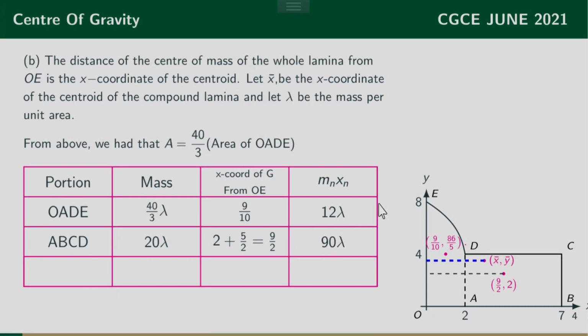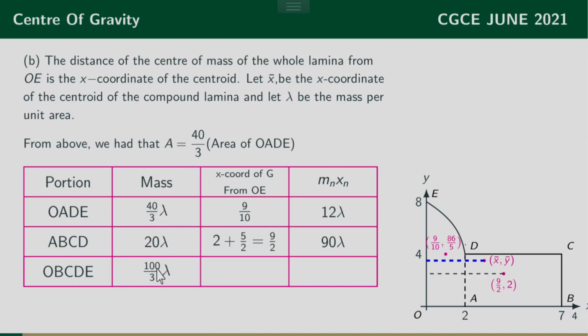Then let me now come to the lamina of interest, which is the whole lamina. And the mass of the whole lamina is OBCDE. And the mass of the entire or the whole lamina will be the sum of the masses of the individual portions. So I add 40 on 3 lambda plus 20 lambda.